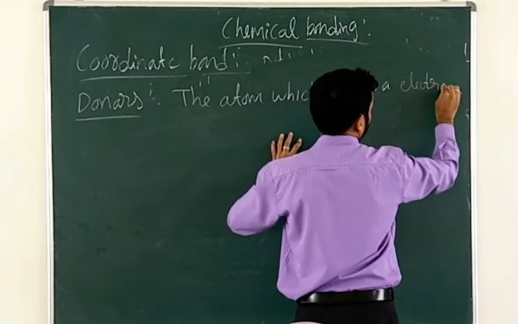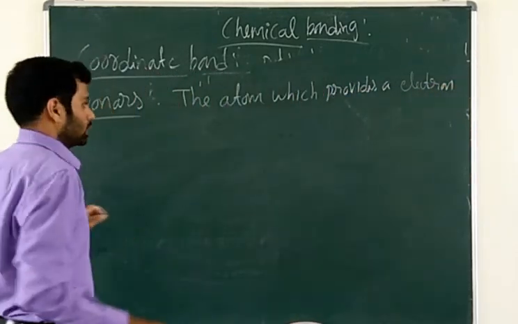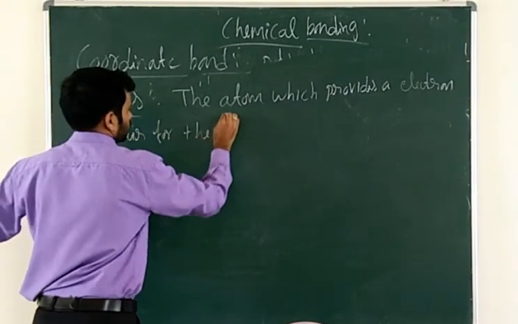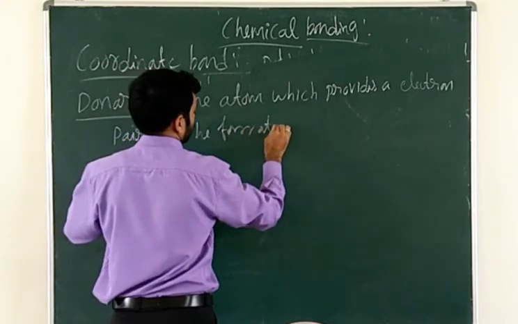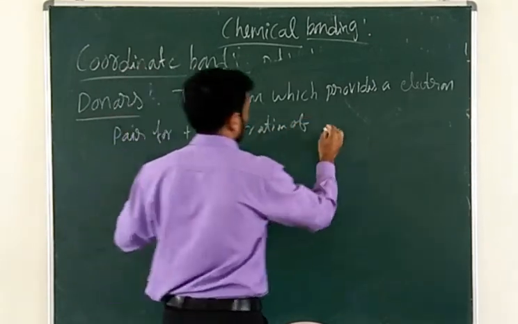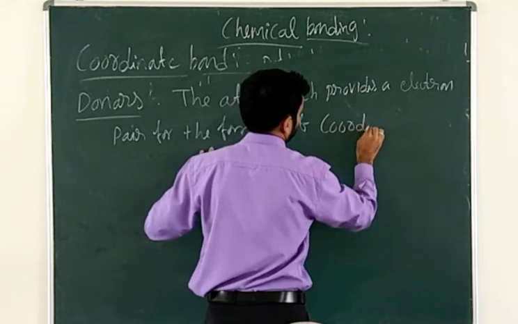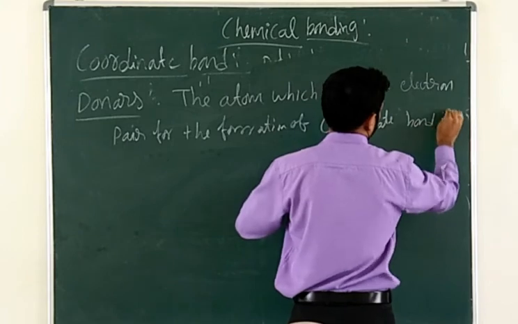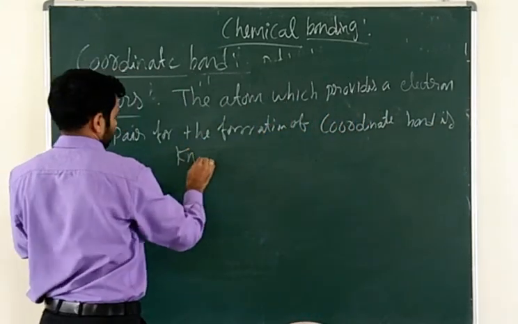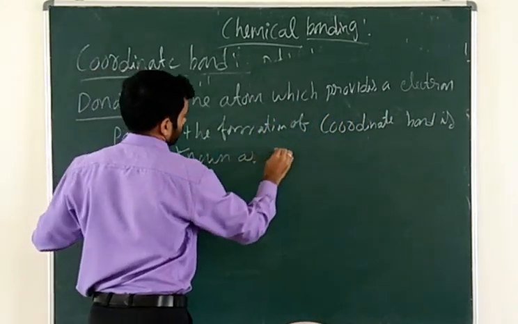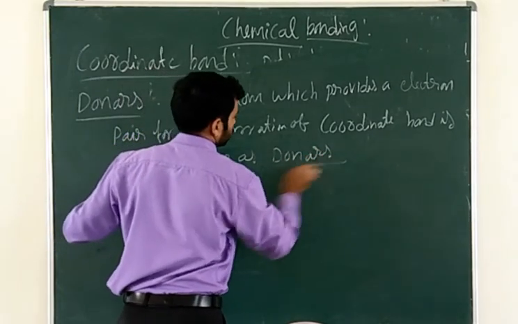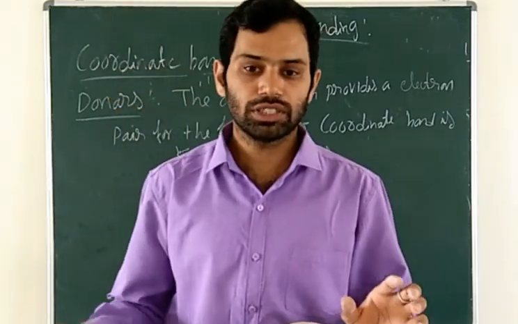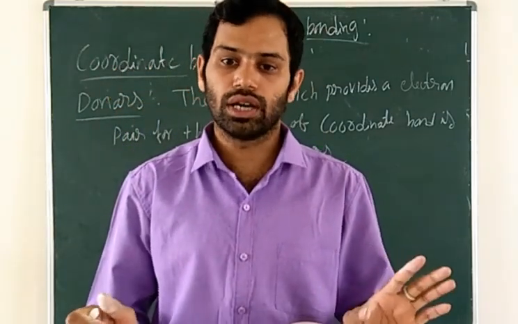The atom which provides the electron pair for the formation of coordinate bond is called the donor.